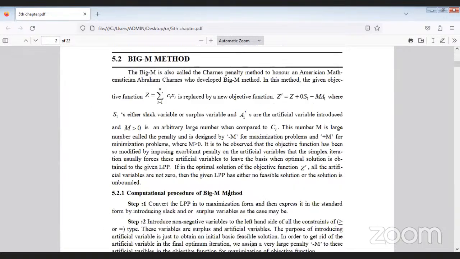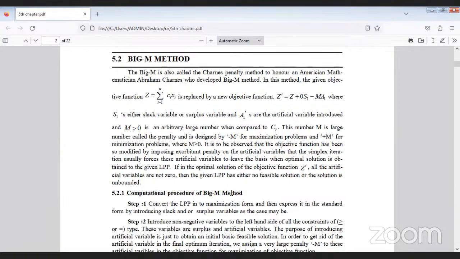What is the big M method? The big M method is also called the Charnes penalty method, in honor of the American mathematician Abraham Charnes, who developed it. In this method, the objective function z equal to the summation of i equal to 1 to n, ci xi, is replaced by a new objective function Z dash equal to z plus 0 s1 minus M a1, where s1 is either a slack variable or surplus variable, or the artificial variable introduced, and M greater than 0 is an arbitrarily large number compared to ci.